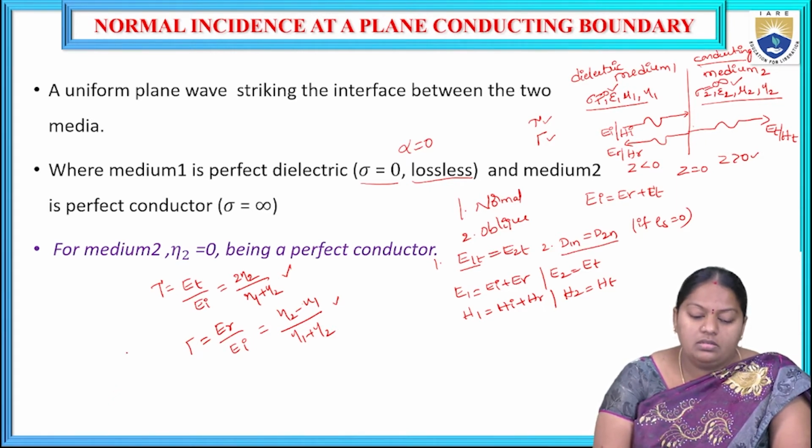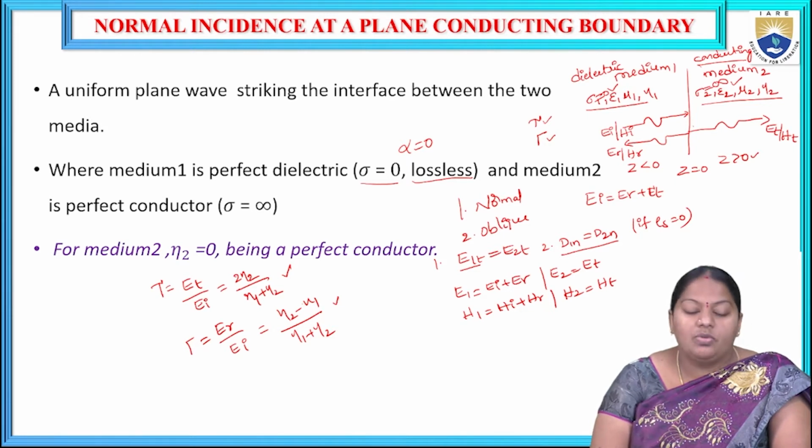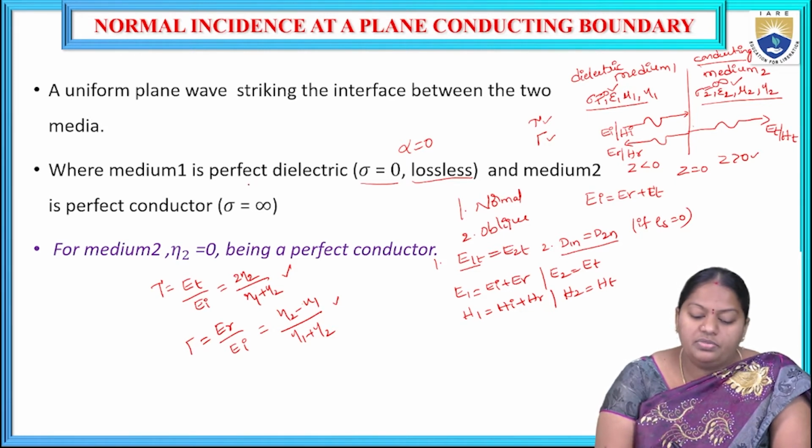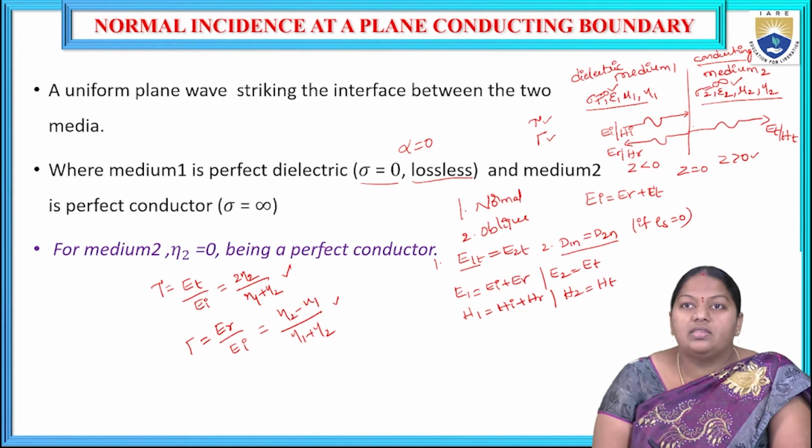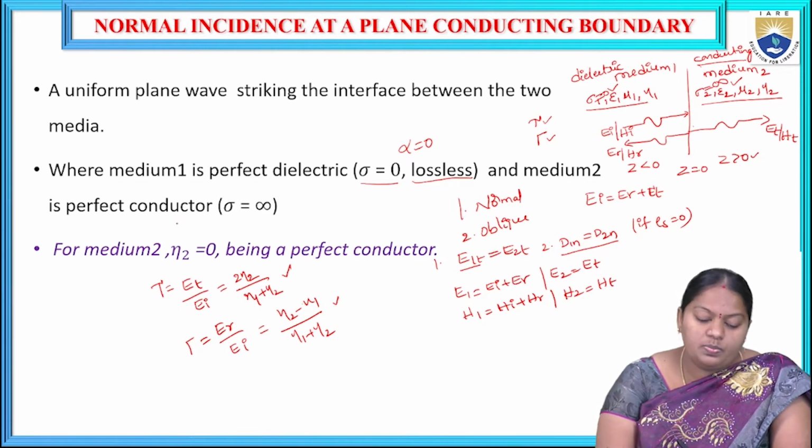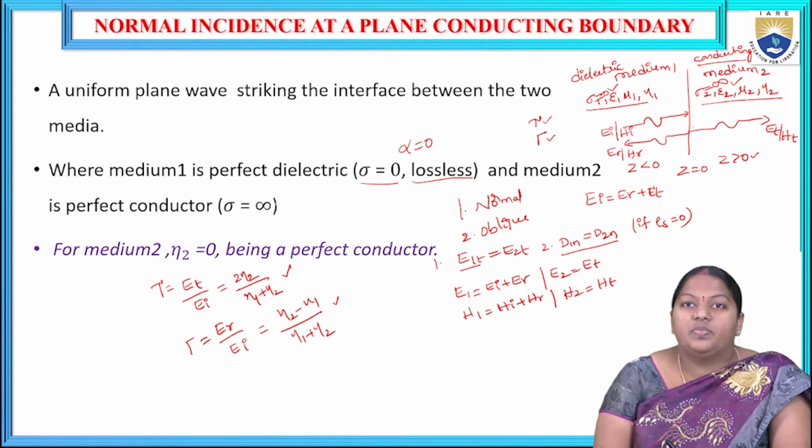And here, in the normal incidence at a plane conducting boundary case, we have considered the first medium as a perfect dielectric medium and medium 2 as a perfect conductor medium. For a perfect conductor, the ideal value of the conductivity is sigma equal to infinity. Right? As sigma equal to infinity, what is the value of E?